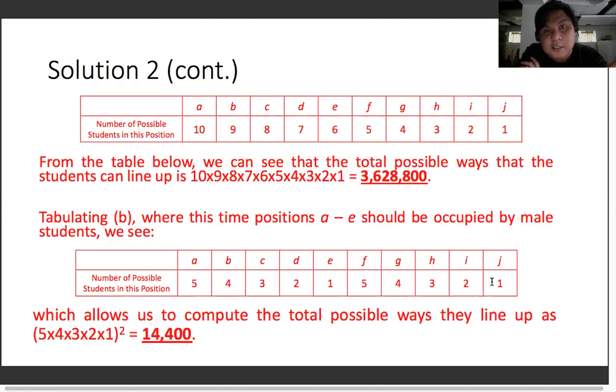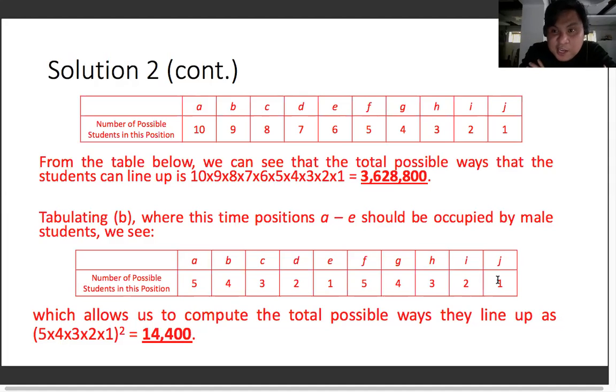And since you need all of them, all 10 of them, to line up, the total number of arrangements that you will actually have would be the product of these 10 numbers here. So it's pretty much 5 times 4 times 3 times 2 times 1 times 5 times 4 times 3 times 2 times 1.